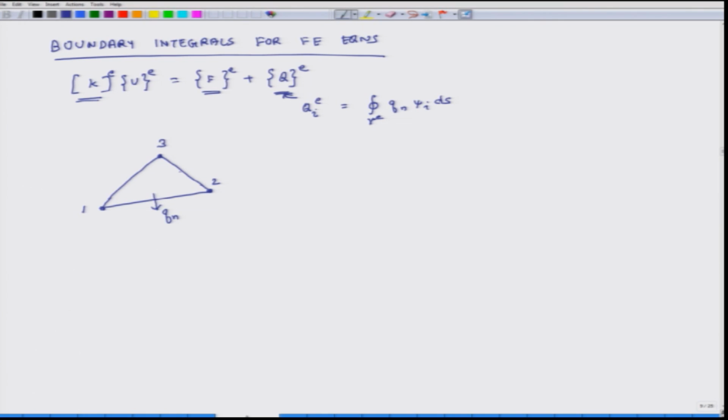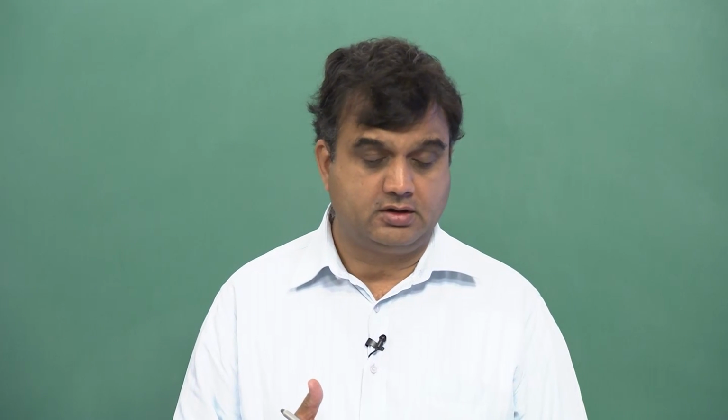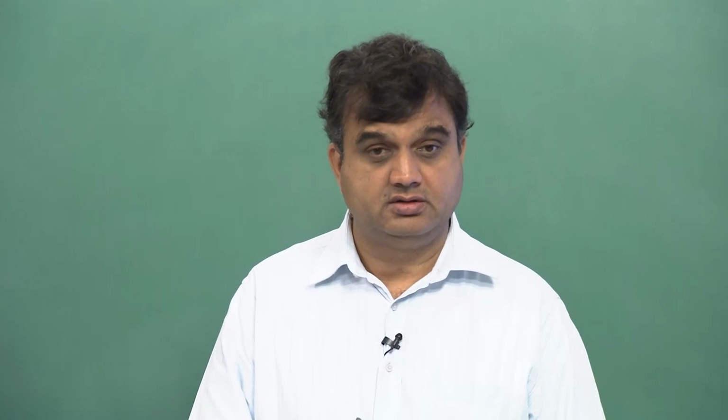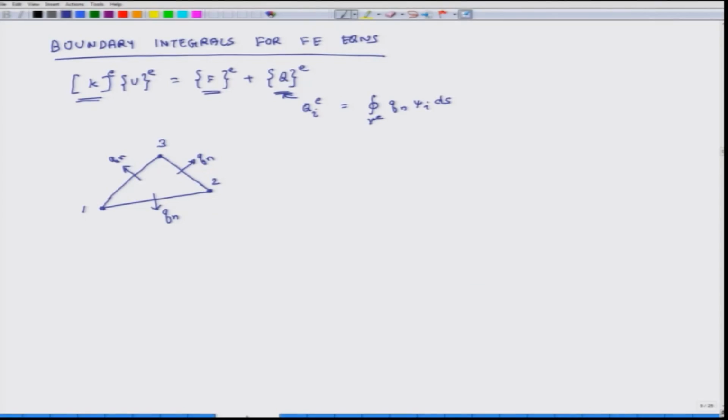Similarly, over line 2, 3, this is the direction of Qn, and for line 1, 3, this is the direction of Qn. So, Qn represents flux. In the case of heat transfer, it tells us how much heat is getting transferred across the boundaries 1, 2, 2, 3 and so on.